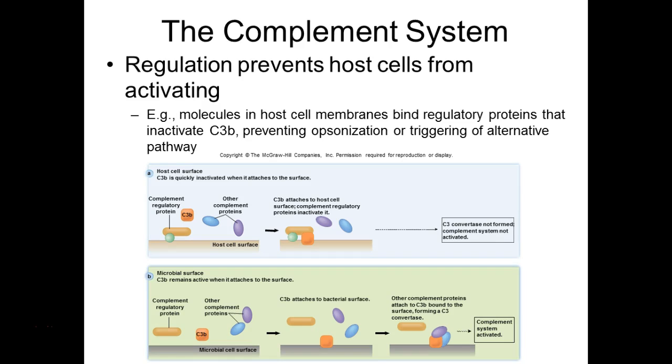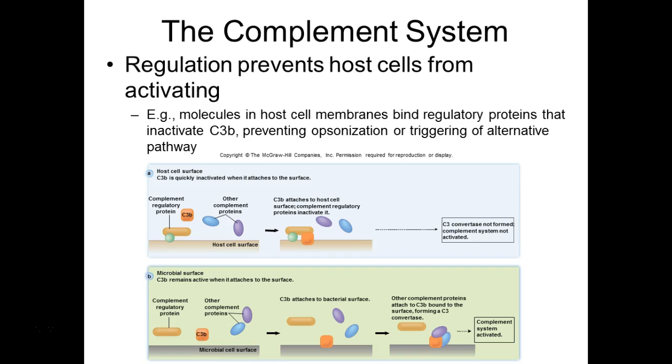So, how is it that we don't destroy our own cells? Well, C3b won't activate when it's attached to our cells. We have regulatory proteins that stop C3b that binds to the surface of our cells from activating complement.